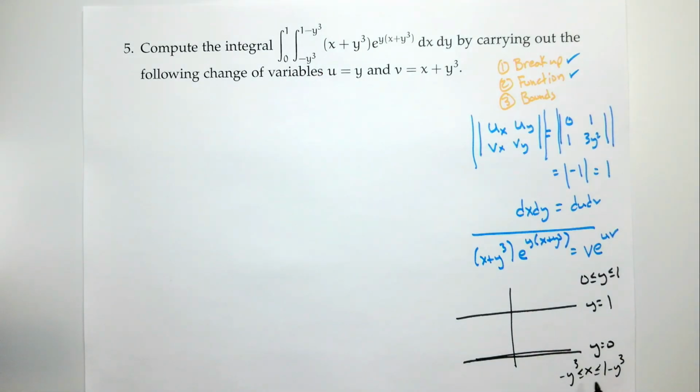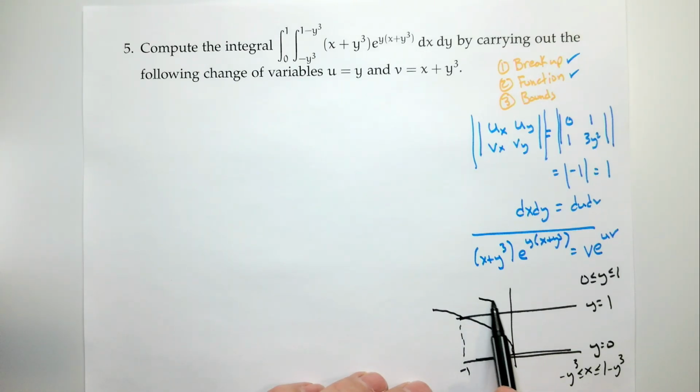Now, x equals negative y cubed. What that says is that I'm going to start here, and I'm going to start moving in that direction. I'm only going to go between 0 and 1, so by the time I've gone over here, I don't need to know this, but that's negative 1. It goes up beyond this. Now this 1 minus y cubed, it's actually the same picture, just translated over.